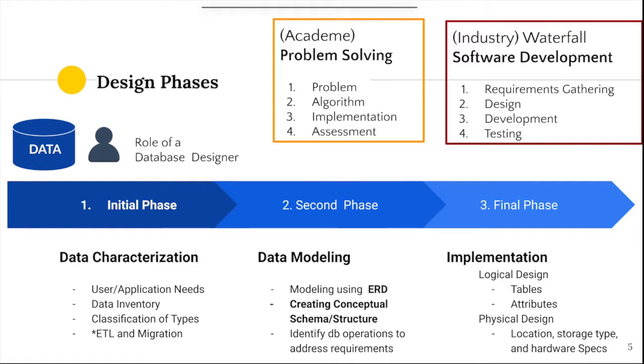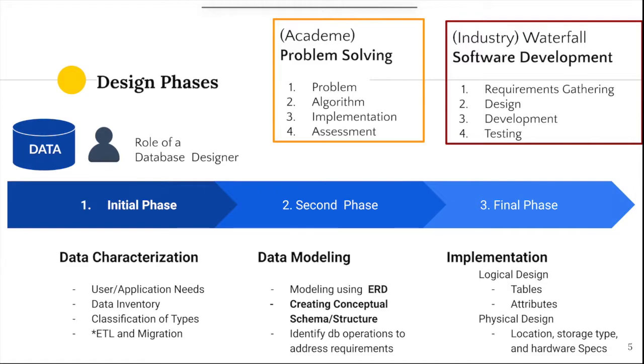And then sometimes if we are creating a system that rides on top of another system or is integrated with another system, sometimes we need to do some migration. So we need to extract some information out of those existing systems and put it inside our database. So we need to plan those things and create a graphical structure of those data sets by producing what we call the entity relationship diagram.